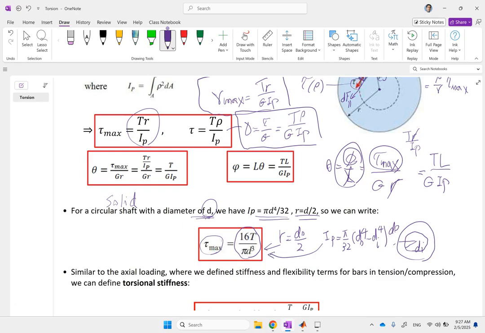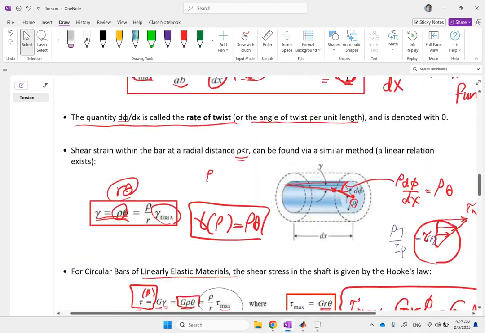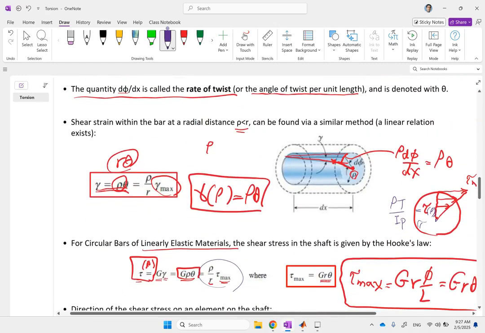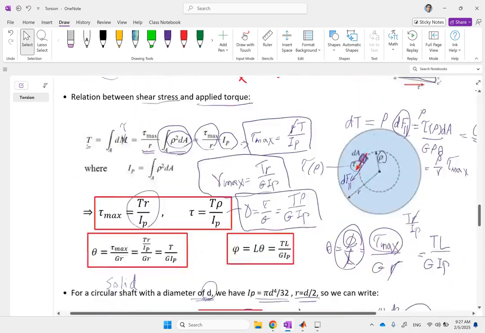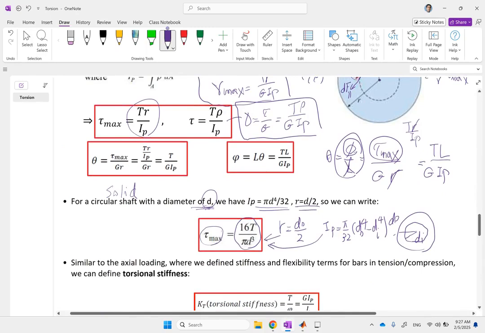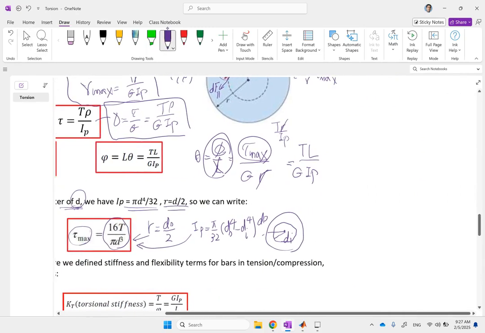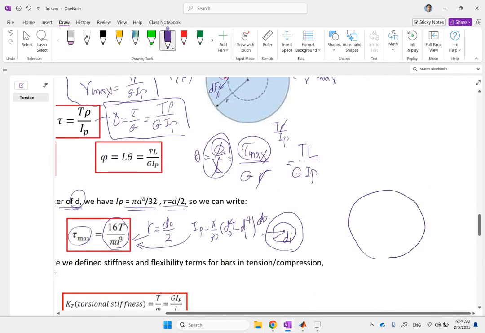And in that case, you have a tau max and you have a tau min, and tau min is not 0. For a solid one, as I just showed you, the minimum shear stress, tau min, is 0 at the center. But if a shaft is hollow, there is no center because this portion of it is hollow. So you're going to go from a tau min to a tau max.